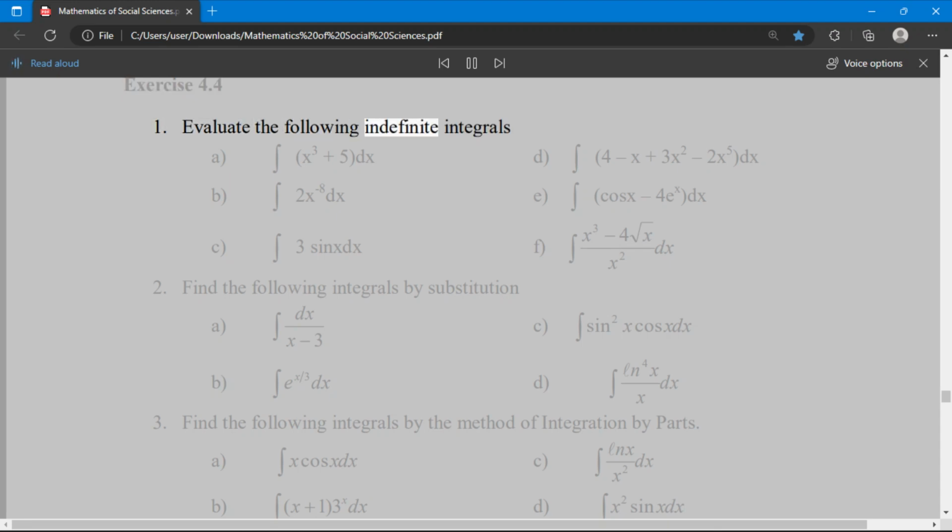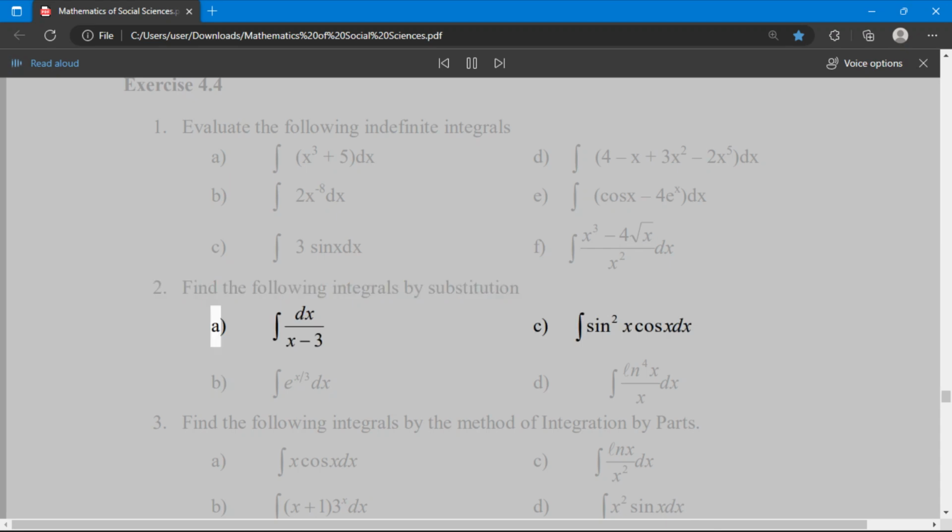Exercise 4.4. 1. Evaluate the following indefinite integrals: a. x³ + 5 dx, b. 2x⁸ dx, c. 3 sin x dx, e. cos 4x dx. 2.